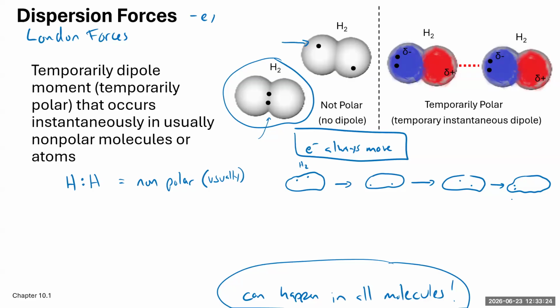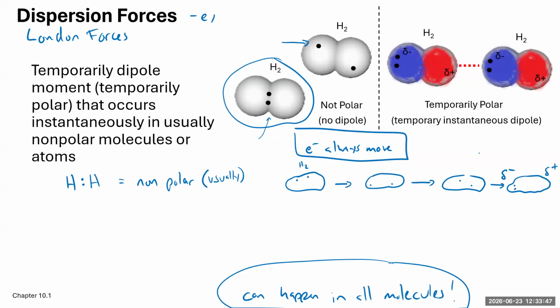Now, what happens when those electrons are on the same side? Well, there's more negative charge on that side. So there's going to be a temporary instantaneous moment where that side is partially negative. And that means this side is partially positive.